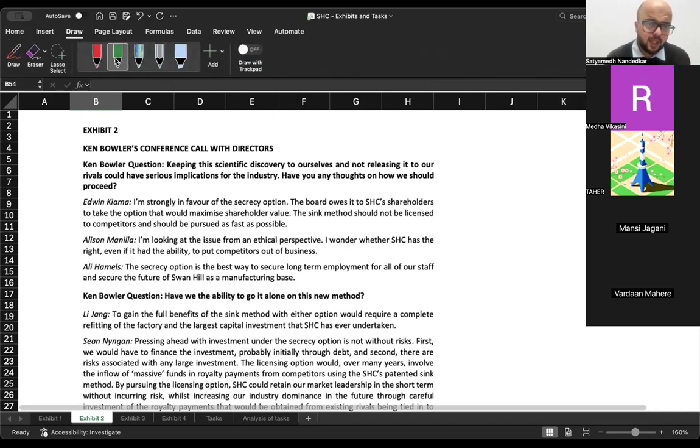But from an ethical standpoint, keeping it a secret would maximize shareholder value. Looking at the issue from an ethical perspective, is it right to put competitors out of business and secure long-term employment, future of Swanhill as a manufacturing base?